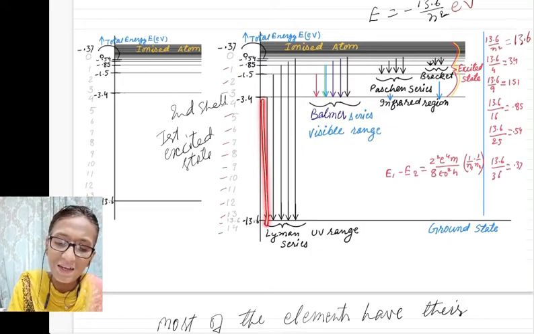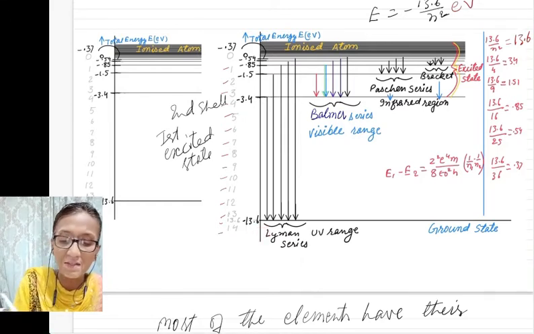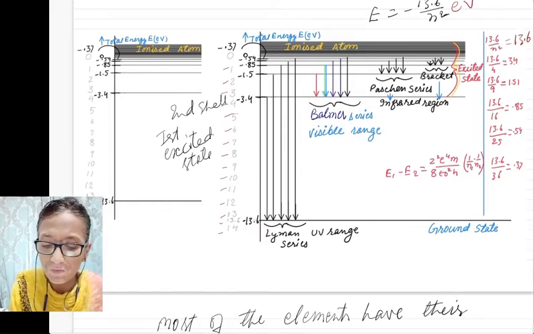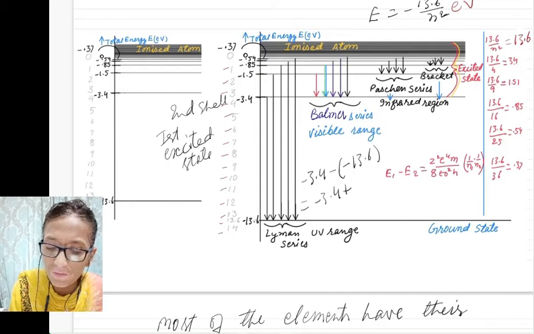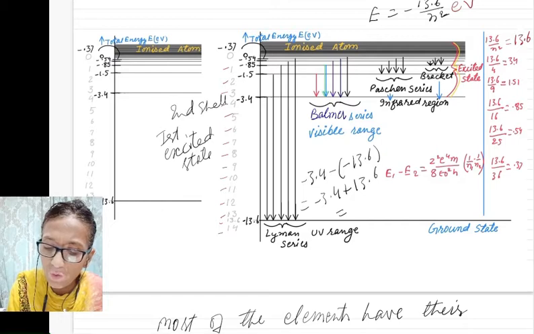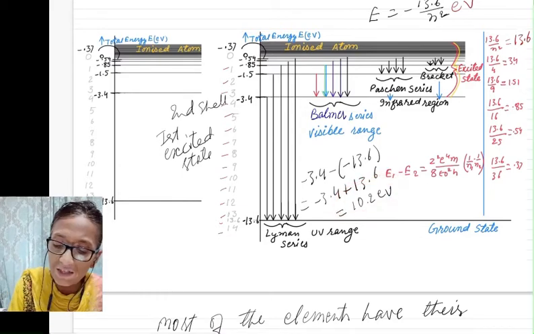So you can see there is a big difference of energy from even the first excited state or second cell to the first cell. And what is the energy difference? This is your highest energy, minus 3.4, minus the lowest, and this is equal to 10.2 electron volt. This is a large value of energy gap.